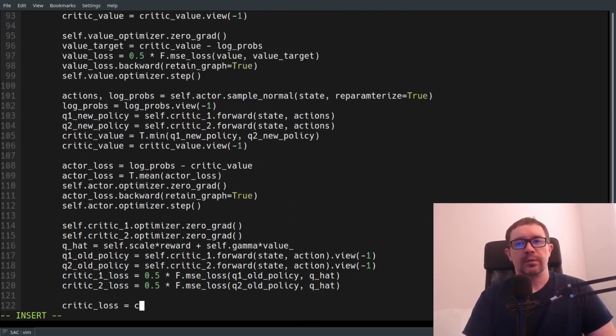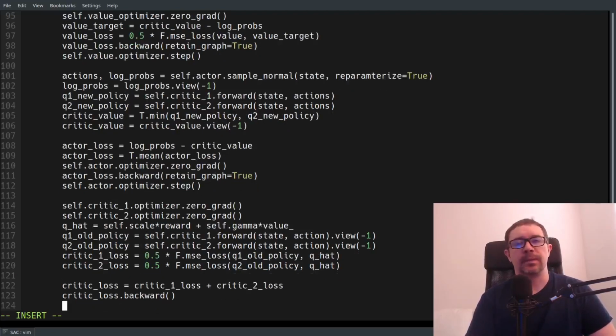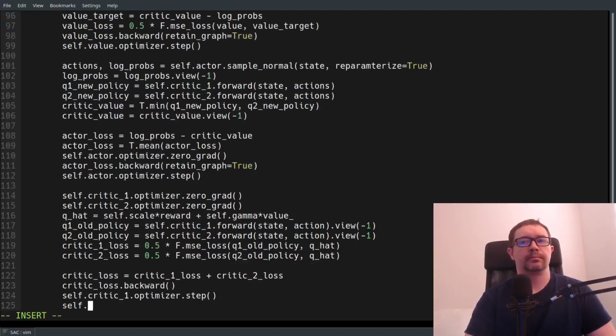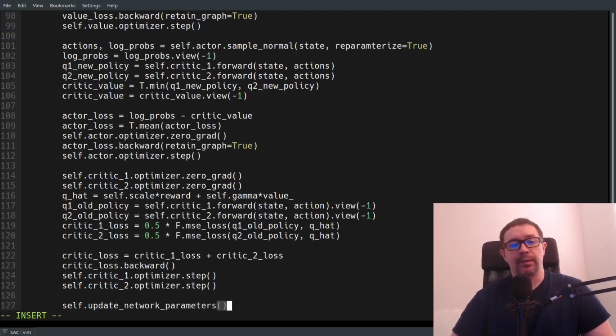And then we'll take the sum of the two, and backpropagate, and then step our two optimizers. And finally, we want to update the network parameters for our value function.